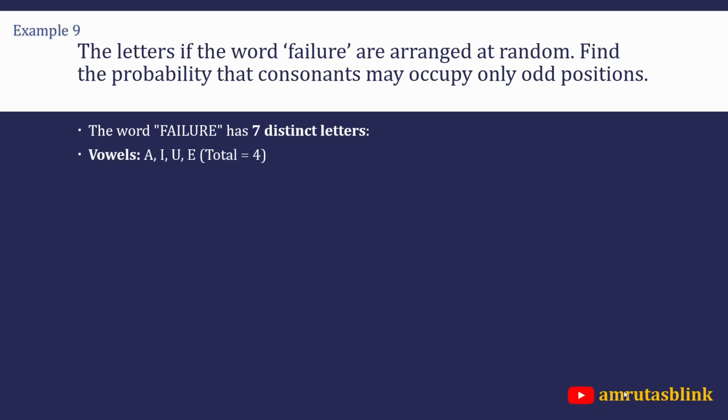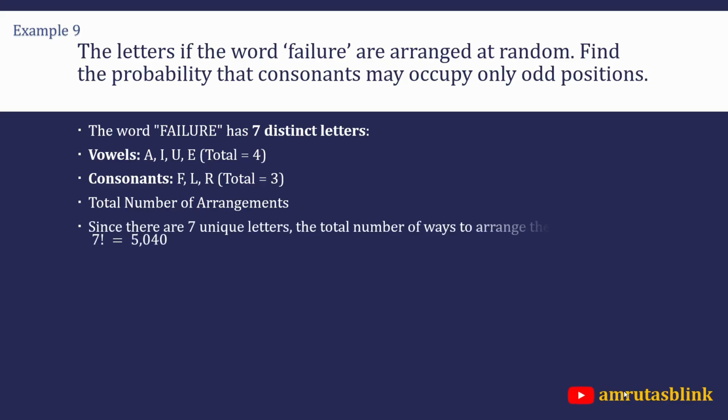Now out of these 7 letters, how many vowels are there? A, I, U and E, that is 4 vowels, and there are 3 consonants, that is F, L and R. Now we'll first of all find out the total number of arrangements.